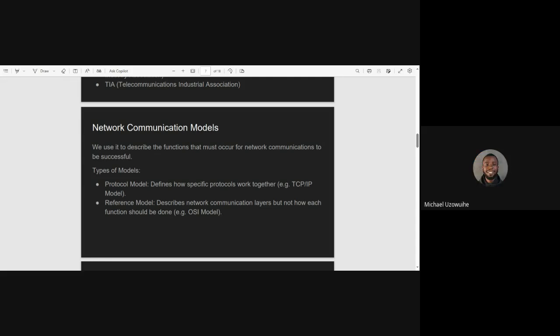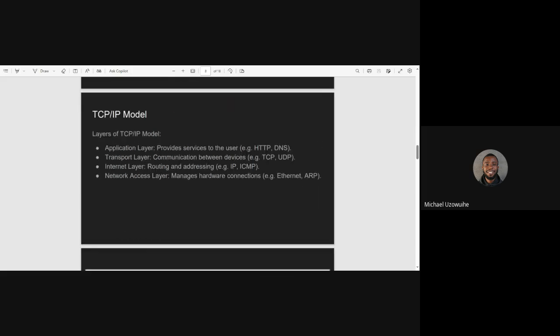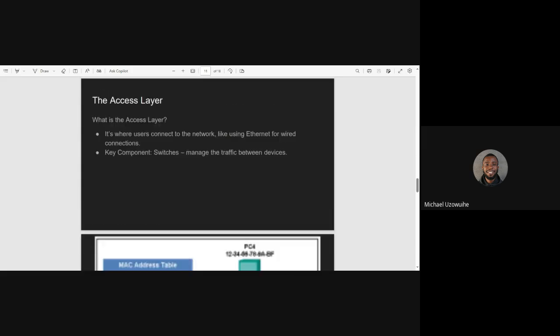Okay, request for comment. It simply means a collection of all the standards that have been developed to help guide internet communication. So this is where they are kept. They are called requests for comment. This is a comprehensive document that has all the different standards that were created or adopted. For ease of reference, that is where they are kept.